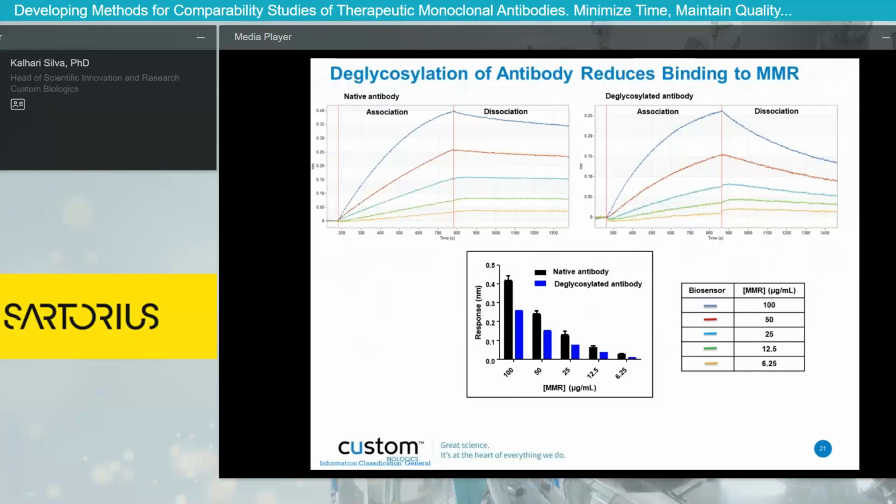But you can see in the graph below that the native antibody bound stronger, or at a higher rate, than the deglycosylated antibody, suggesting the specificity of the assay. The extent of deglycosylation in this case is not known. We do not know the percentage of deglycosylation, but provided that deglycosylation has actually happened in the presence of the kit, we do see a differential in the binding to MMR.